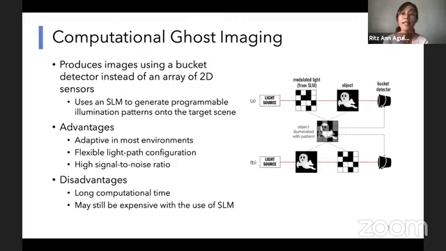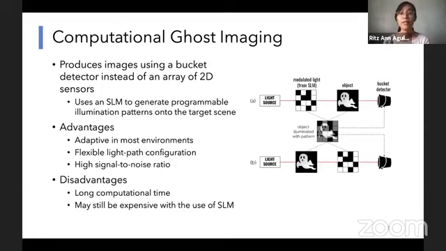So one is that it's adaptive in most environments. Number two, it has a flexible light path configuration. You can have a reflective type SLM, for example, to image a reflective type object instead of a transmissive one. It's capable also of non-line of sight imaging.